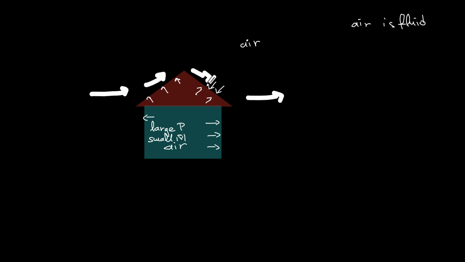And you will have two pressures, one from outside, one from inside, on the roof. They essentially balance each other out and they cancel out and everything is fine.